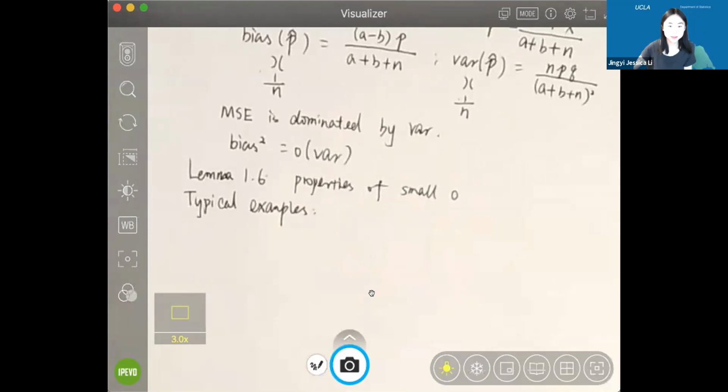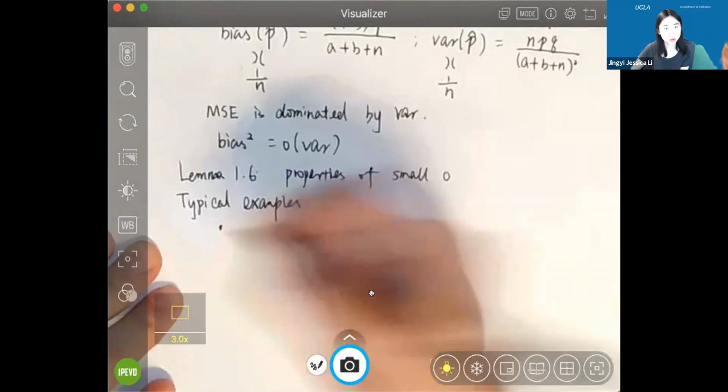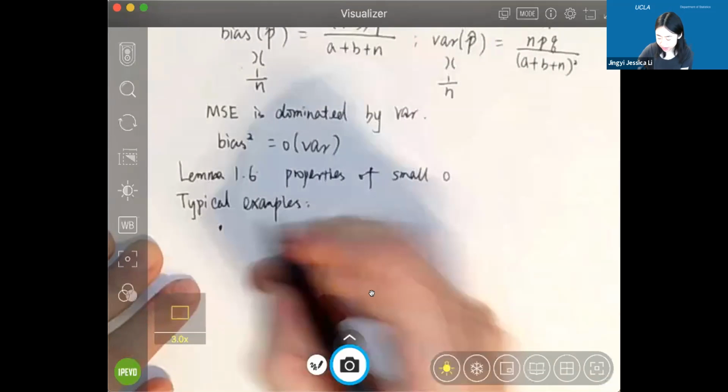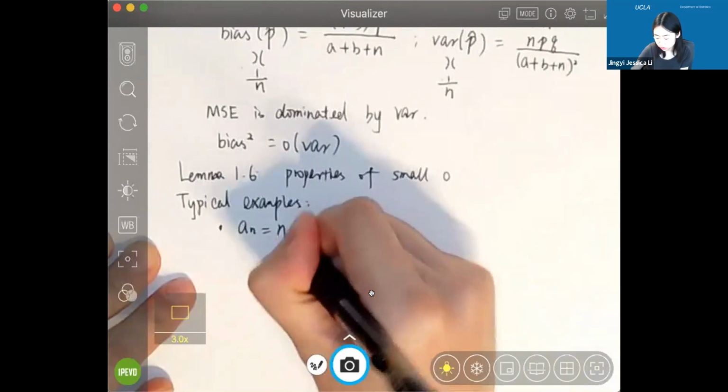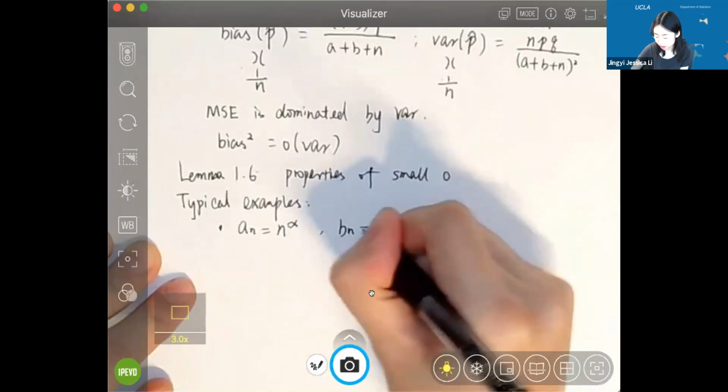Thank you. So, typical examples. I'm going to give three. The first one is for polynomial series, where an is n to the power alpha and bn is n to the power beta.